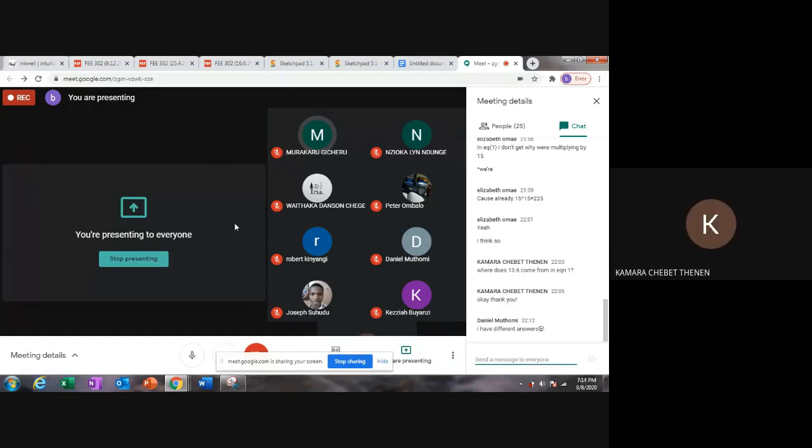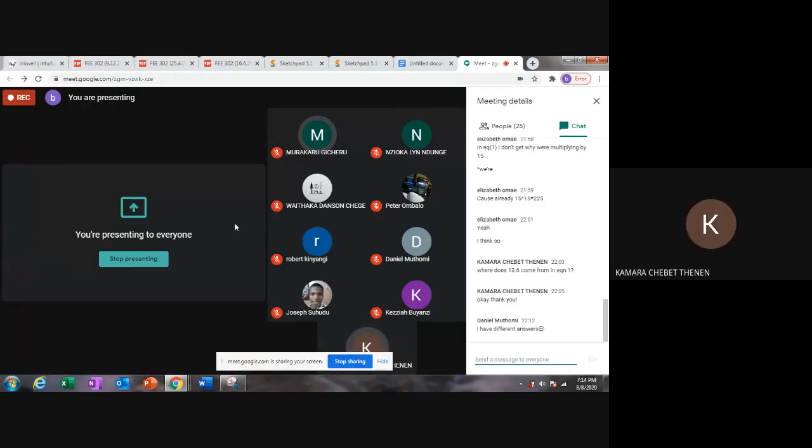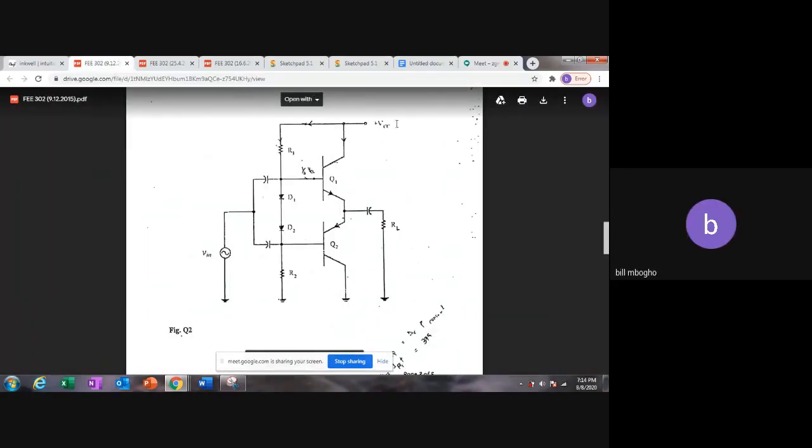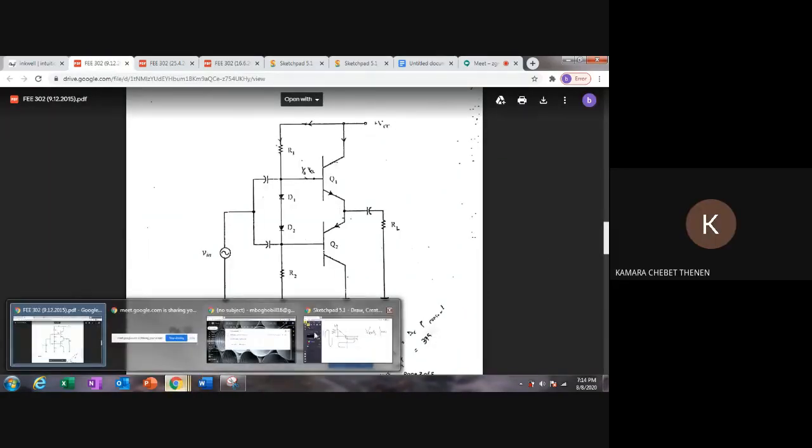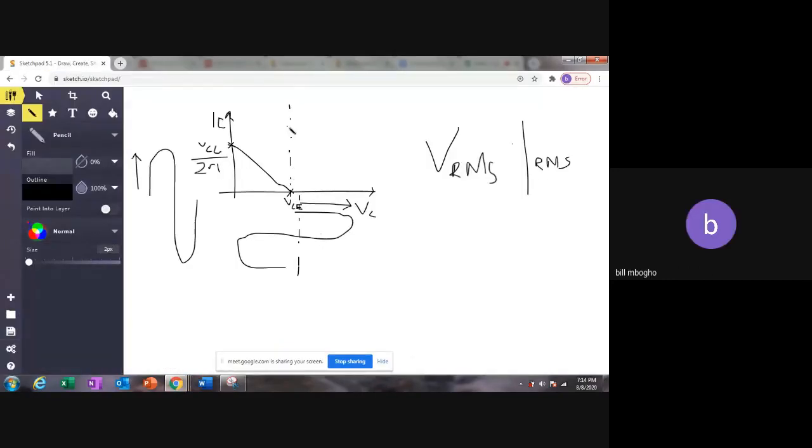Do you have that diagram of your load lines? The DC one is this one.